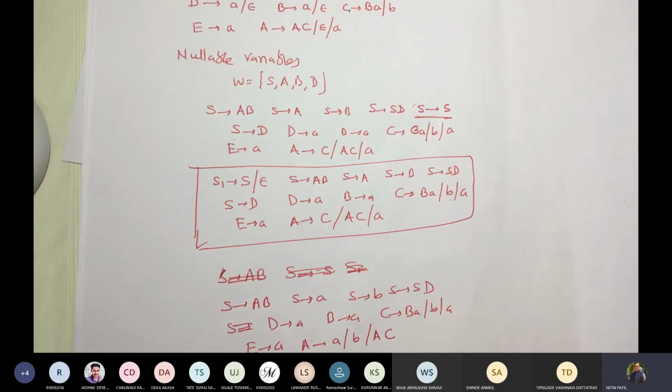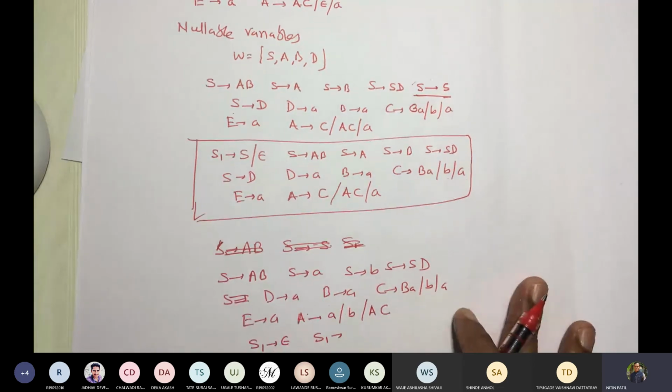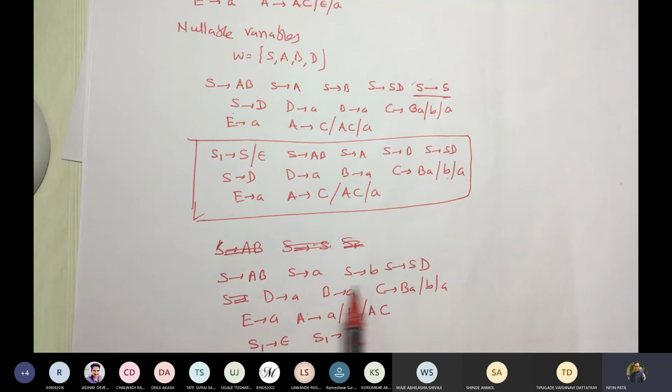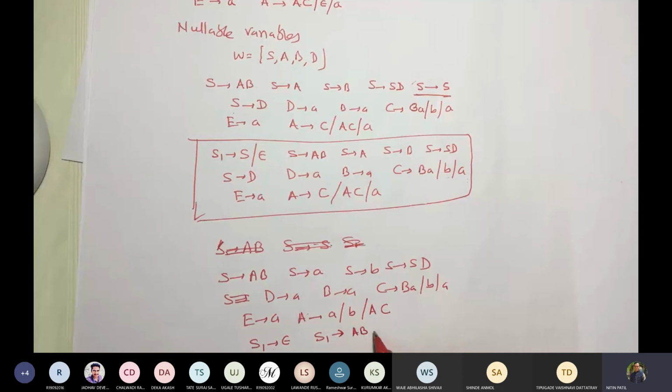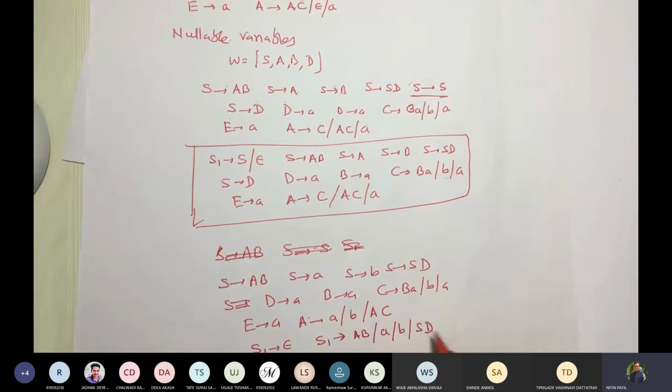S1 gives. Now there is capital S, correct? S is occurring, and whatever the productions for S are would be added as they are. So whatever S is giving, we will write S1 gives AB, S1 gives A, S1 gives B, S1 gives SD.